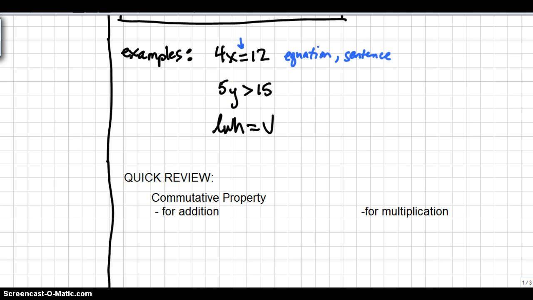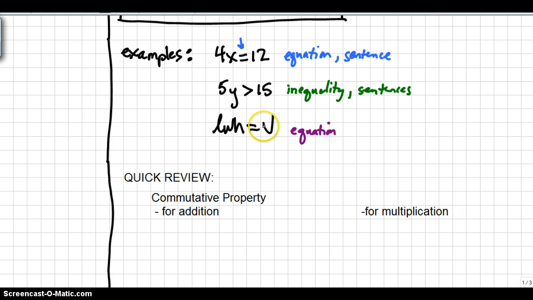The second one down has an inequality symbol, so automatically we would call it an inequality. Inequalities are also automatically sentences. The last one has an equal sign, so we would call it an equation.